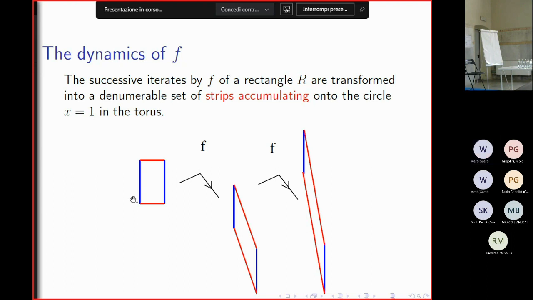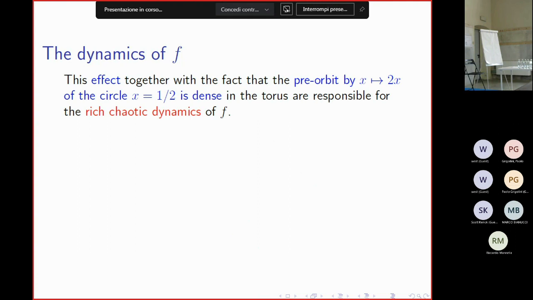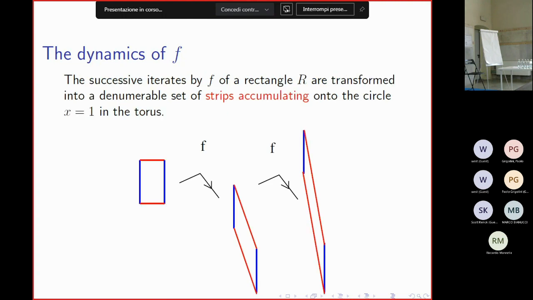Okay, and then since the first coordinate is the double map, 2x, it's Bernoulli in the base, and then it's dense in the base, in [0,1].